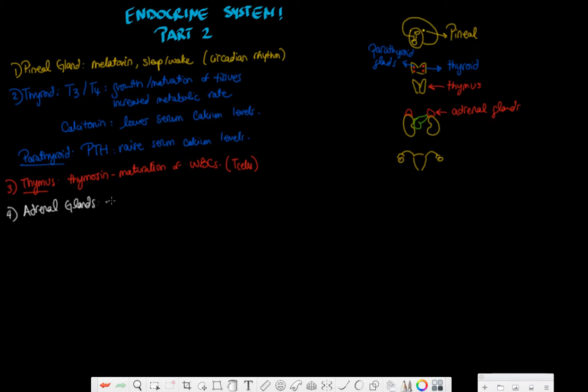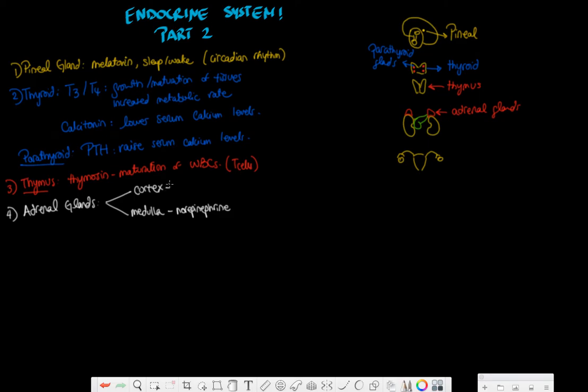The adrenal glands have two regions: the cortex, which is the outer shell, and the medulla, which is the inner region. The inner region, the medulla, is going to release the sympathetic nervous system hormone or neurotransmitter, norepinephrine, that's involved in the fight or flight response.